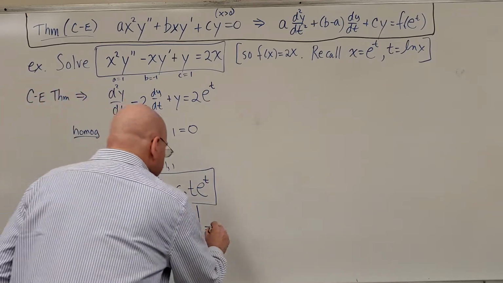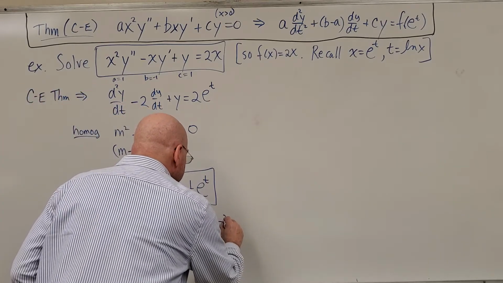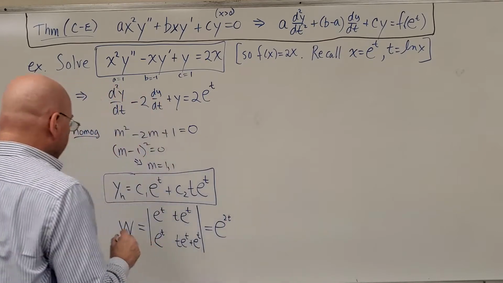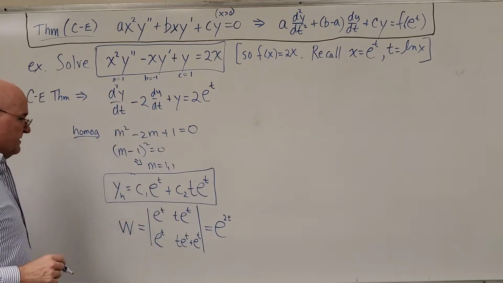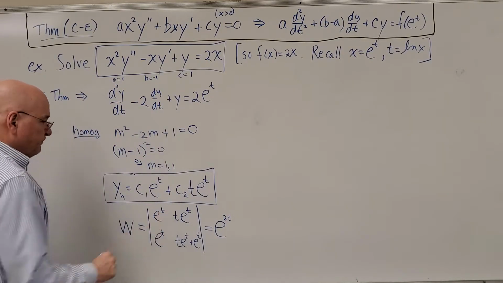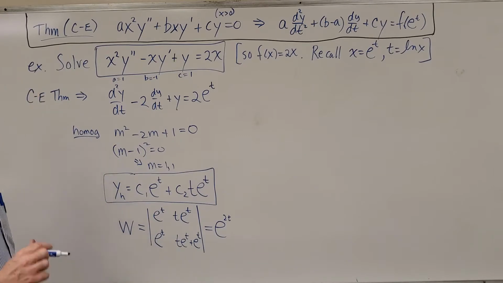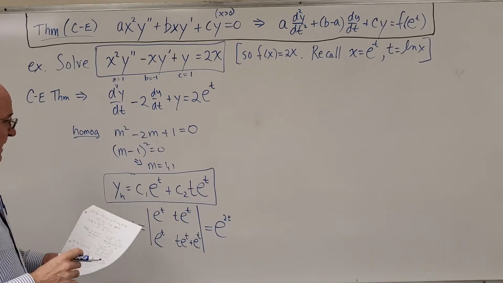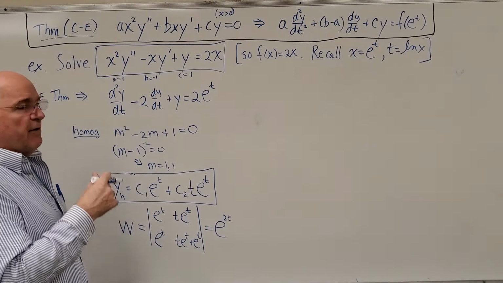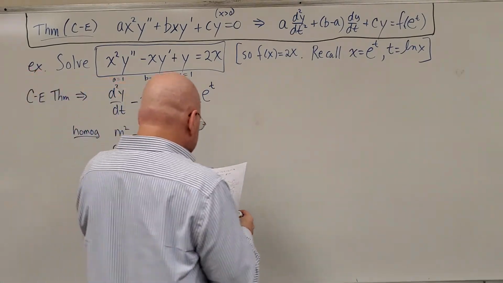We get e to the 2t. So our Wronskian, the determinant of this matrix right here, is e to the 2t. And we're going to use that to figure out our particular solution. So I'll make a note.